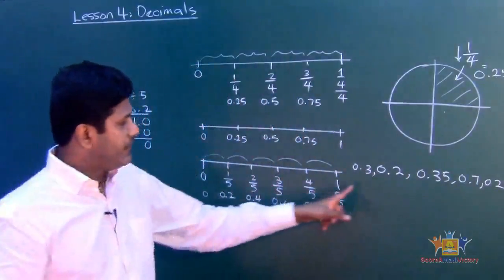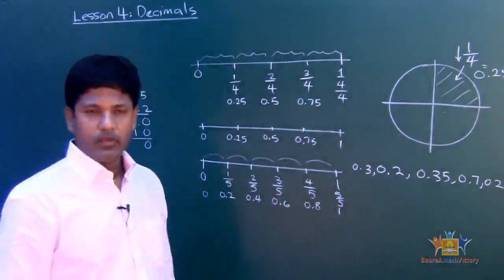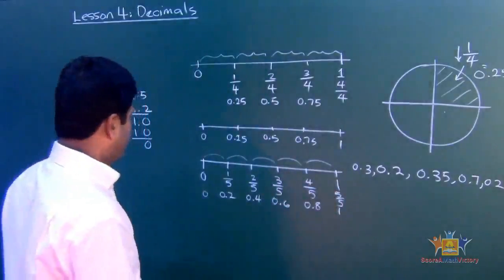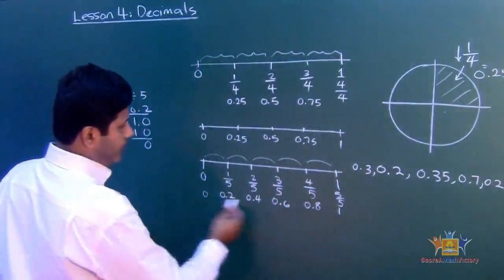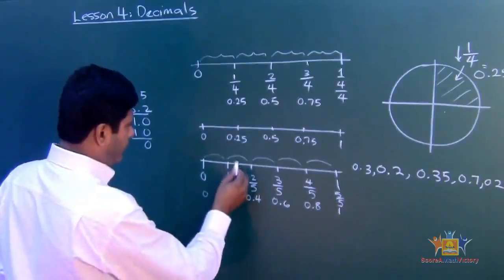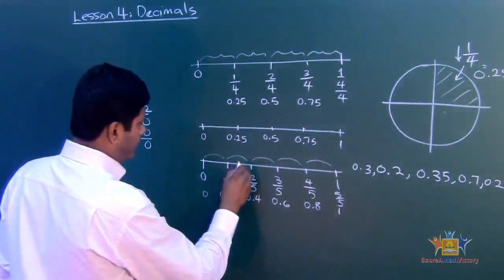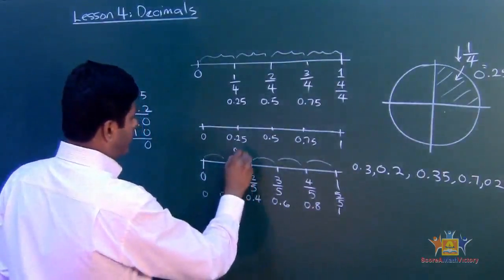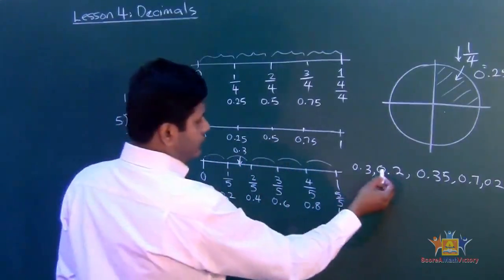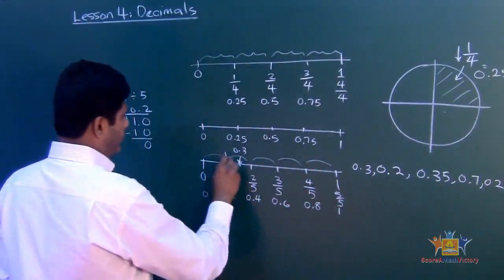I want to line them up and see how this works. Let's use this number line right here. 0.3 is going to fall right here, and 0.2 is right there.